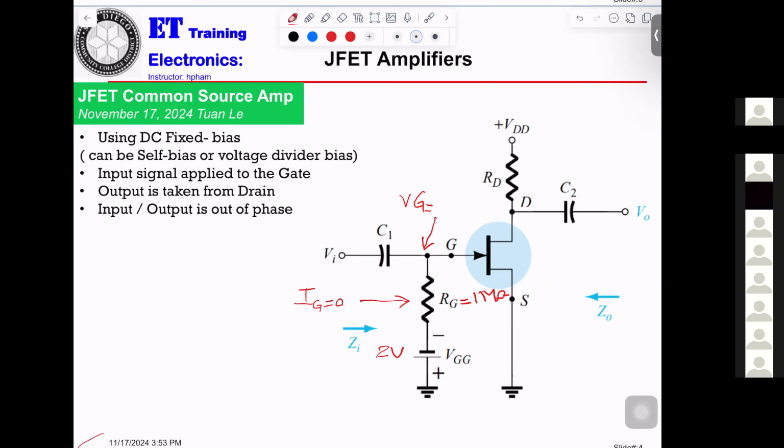Correct. The thing is, the resistance is too big, so no current. That will tell you VG and VGG will be the same, correct? They do not drop any voltage.